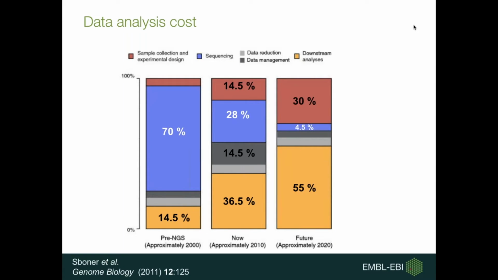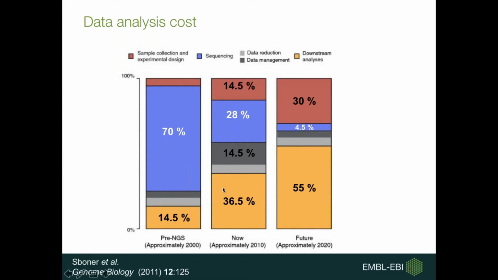But it has costs. This is a slide from a paper in 2011, and what they were trying to do was work out how much of a sequencing experiment the various elements cost and then extrapolate going forward. So they reckoned in about the year 2000, about 70% of the cost of a sequencing experiment was the sequencing itself.